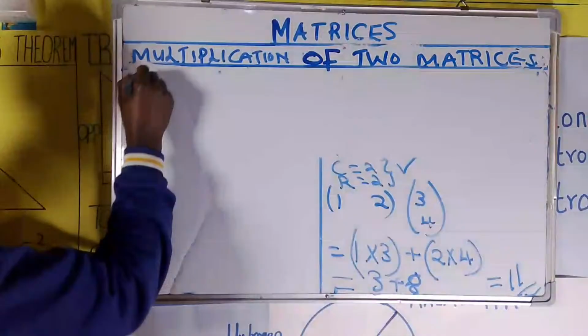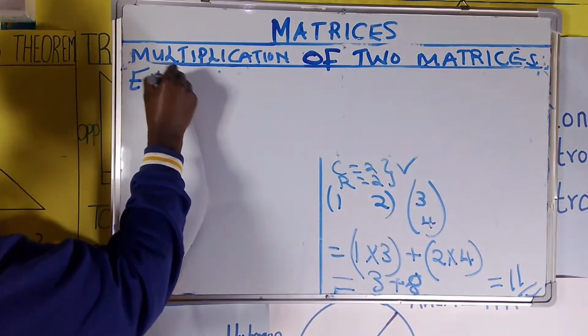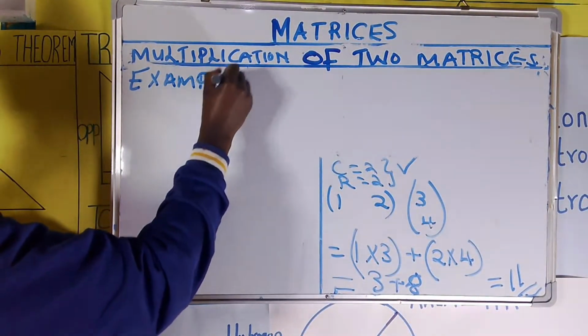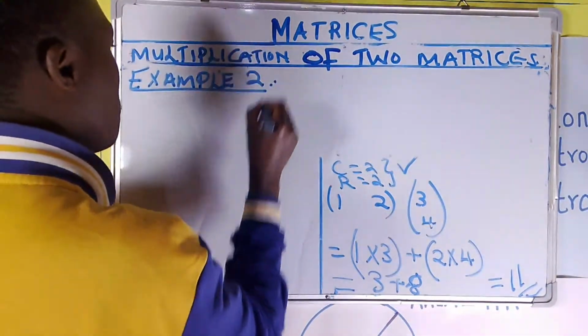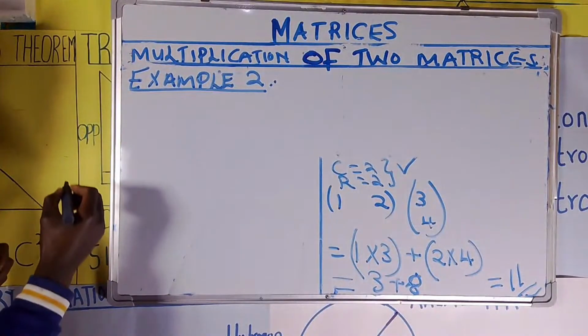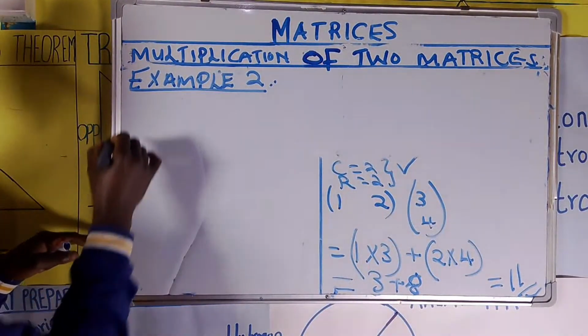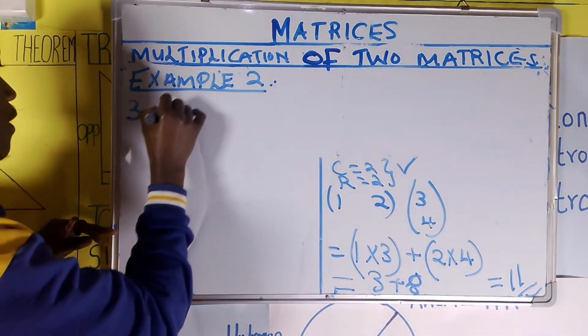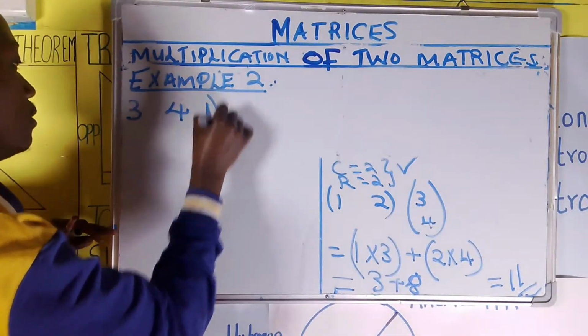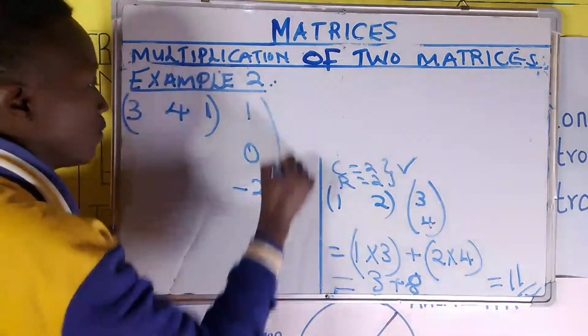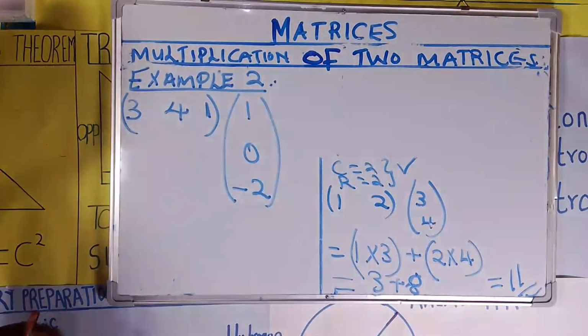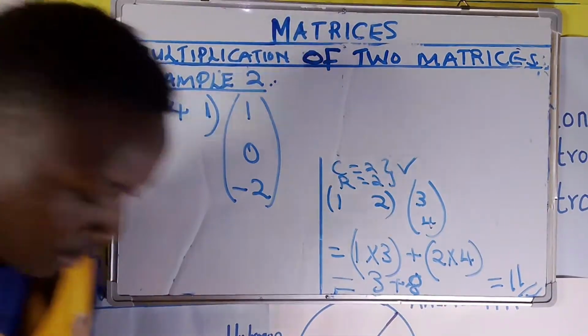Let us have another example too. Example 2, we have 3, 4, 1 multiplied by 1, 0, negative 2.